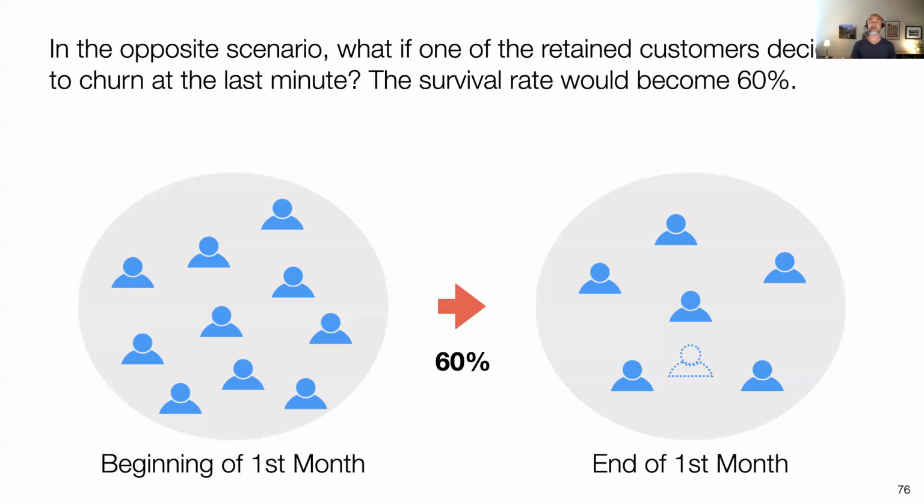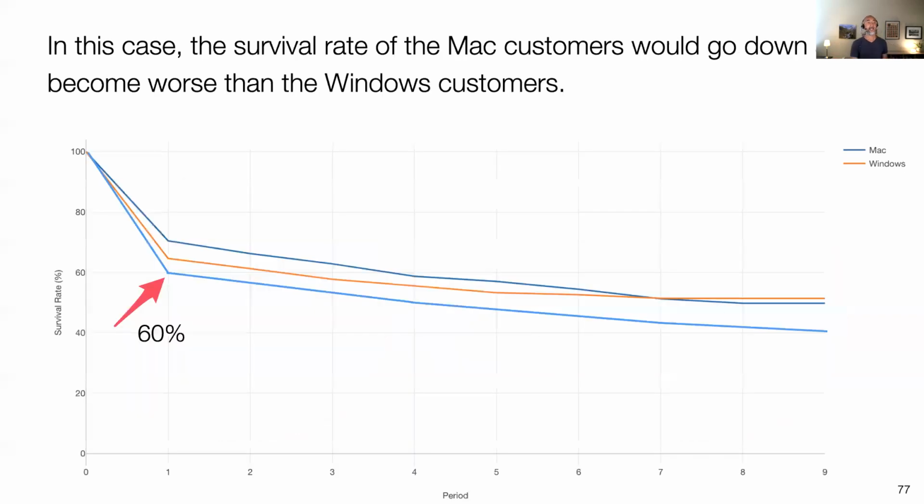That will make the survival rate 60%. And if this is 60%, the survival curve goes down significantly. And now it looks like the Mac survival curve is actually worse than the Windows. So we thought Mac was better, but now the Mac is worse than the Windows, just because of that one indecisive person, right?